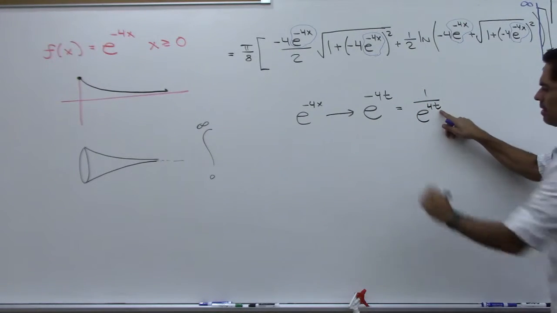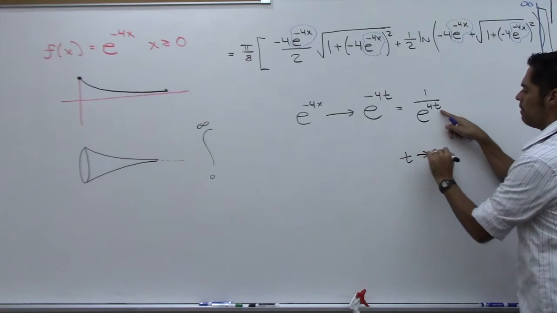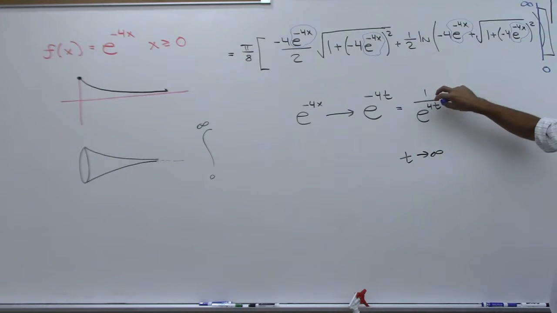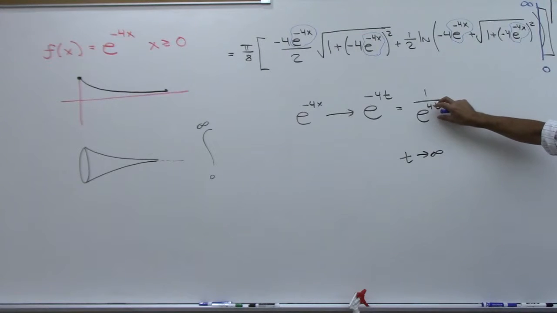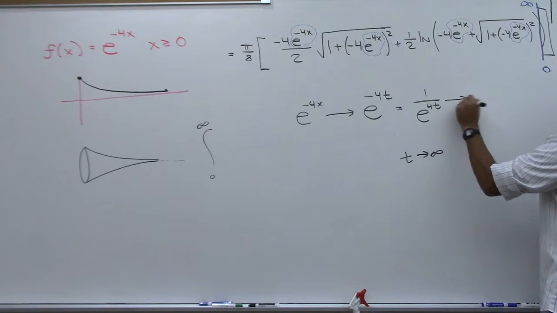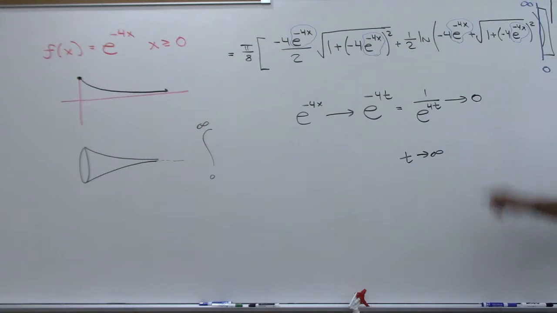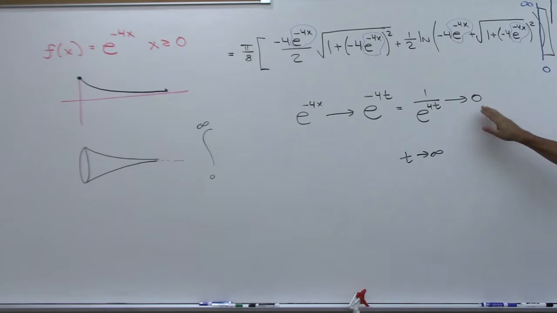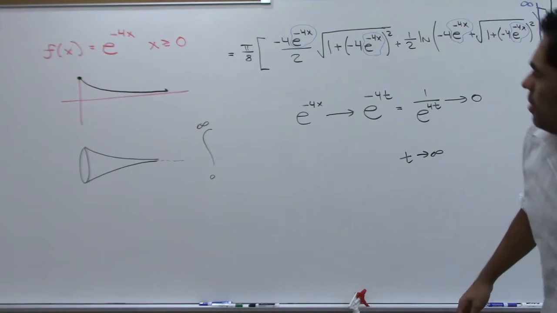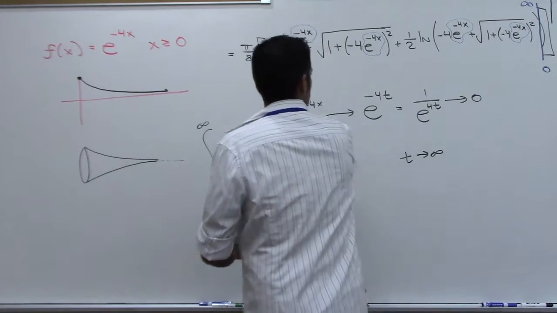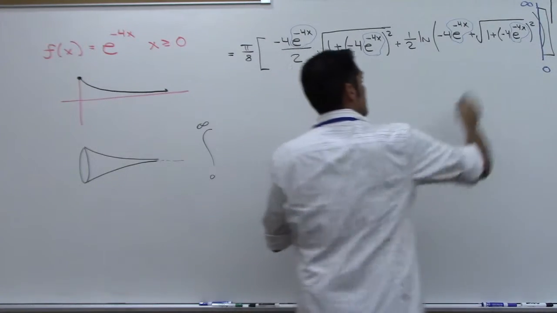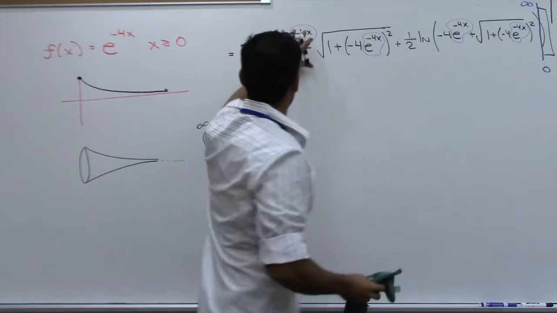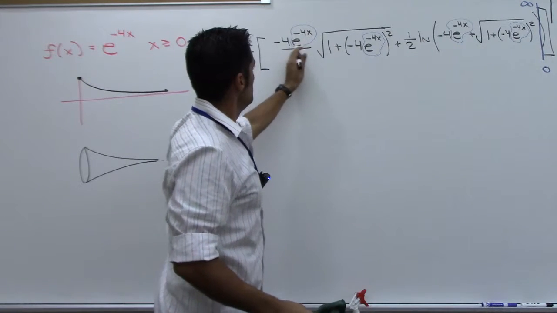And if I let t get infinitely big here, the exponent gets big, e to infinity gets huge, this whole thing goes to 0. So anywhere I'm plugging in infinity, everywhere I see an e to the negative 4x, it's really going to turn into a 0. So let's see how that changes things here. Okay. So plugging in infinity, this piece right here goes to 0, 0 over 2.